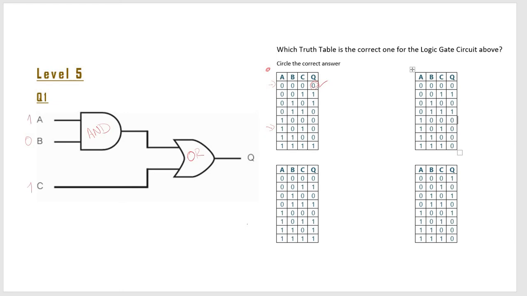Again, because it's an AND gate, it requires both inputs to be 1, so the output is going to be 0. C is a 1, so because we have a 1 going through one of the inputs of the OR, the output will also be 1. But if we have a look at this truth table, it says that Q is 0, so in fact this is wrong, so we can eliminate this truth table.